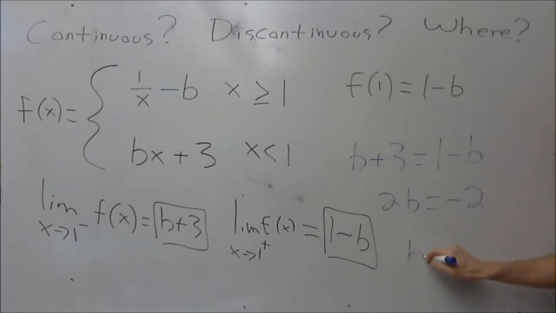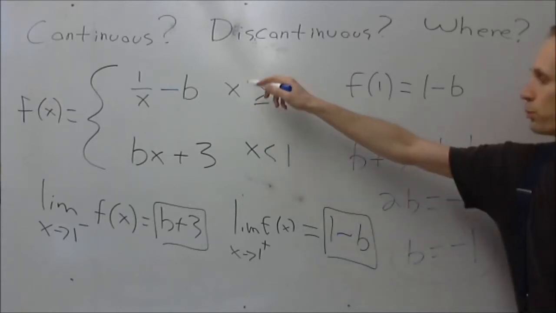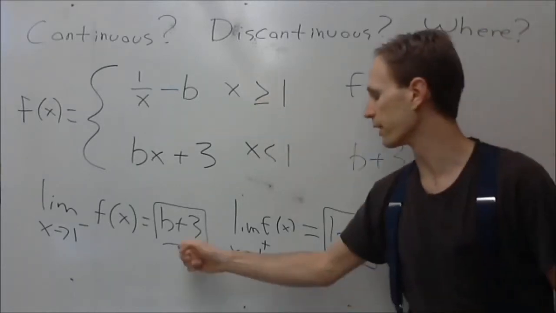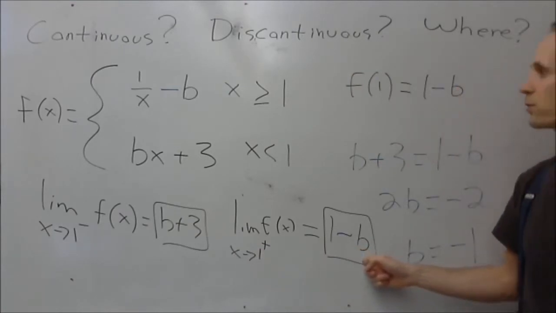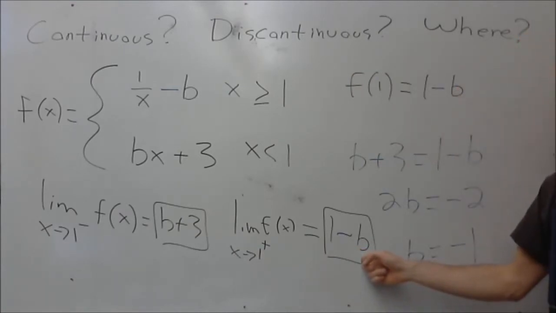So then you divide by 2 and you get b equals minus 1. And you can see that this one is going to work out. If b equals minus 1, then the two pieces are going to line up. The limits are going to be the same number, and hence the function will then be continuous when x equals 1.